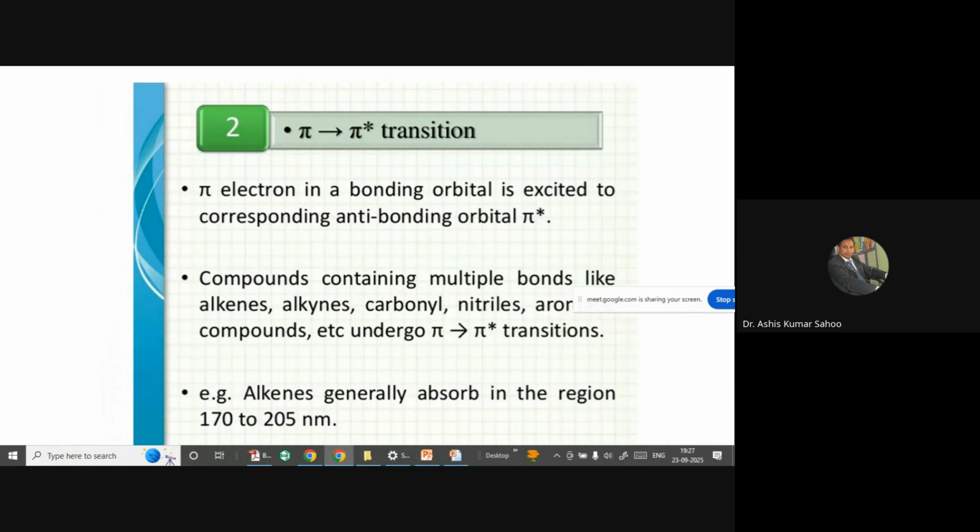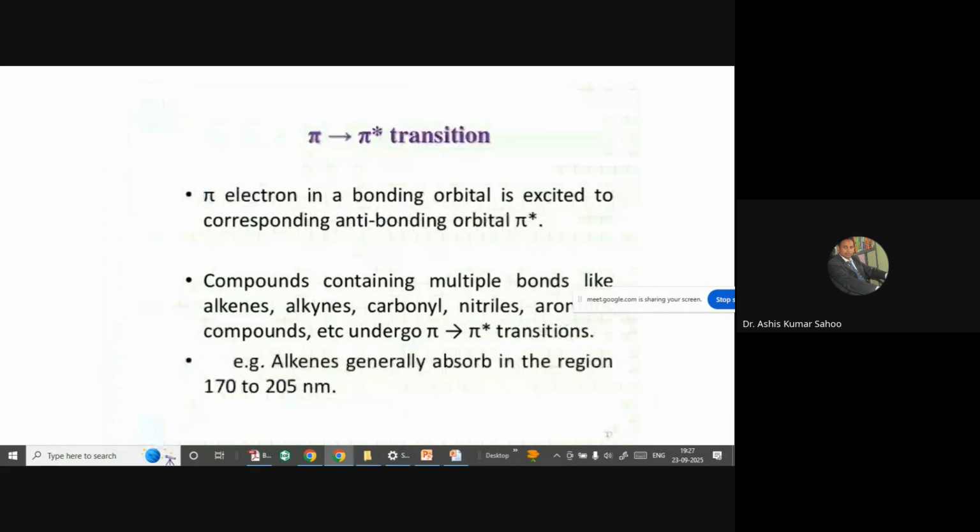So in alkene-type molecules, we'll see pi to pi star transitions.